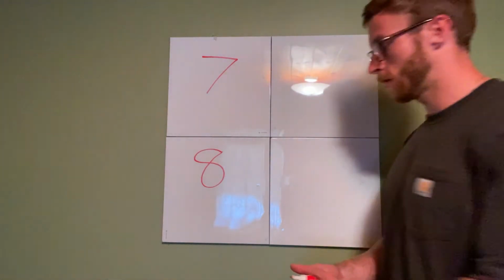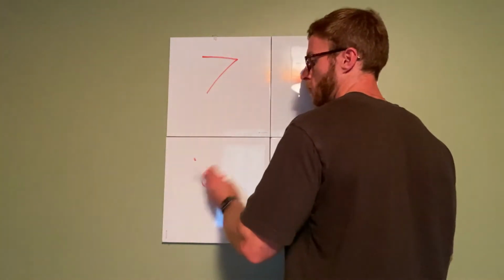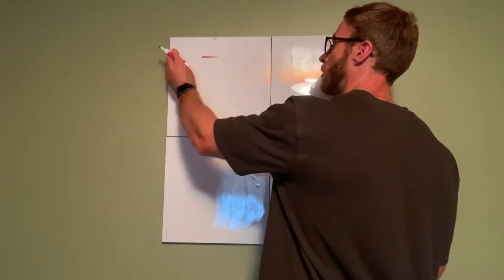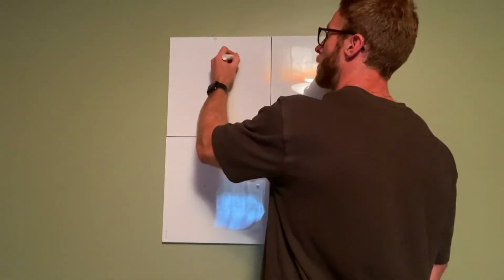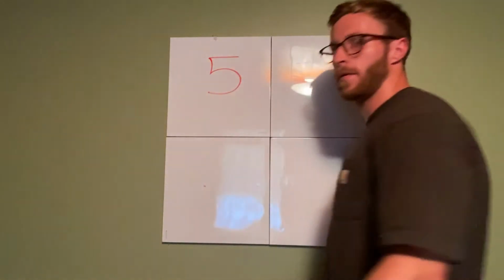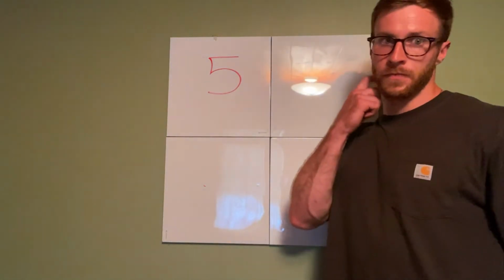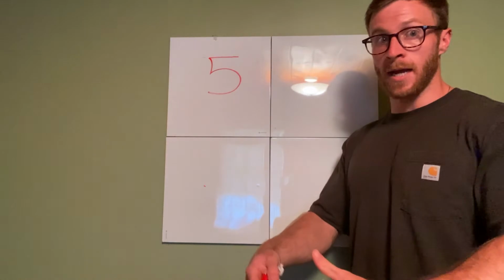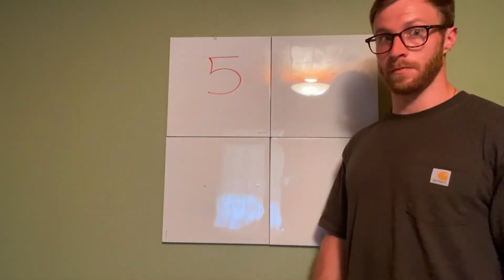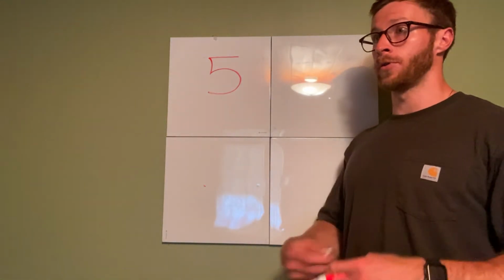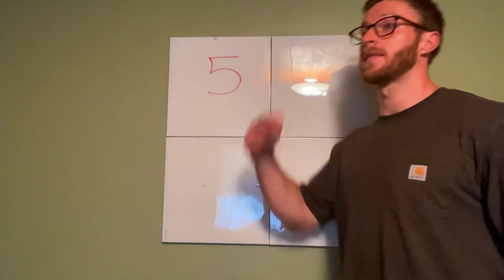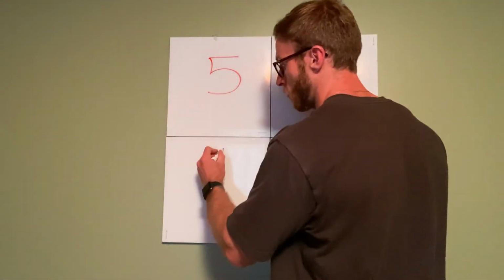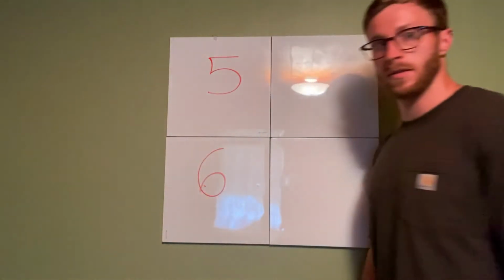We'll do 2 more. What is one more than 5? If you need help, count up to 5 and then say the next number, and that's the answer. So 1, 2, 3, 4, 5, 6. The next number, or one more than 5, is 6.